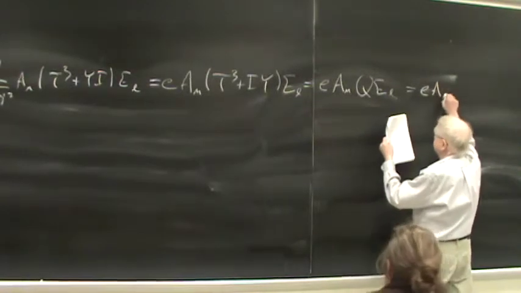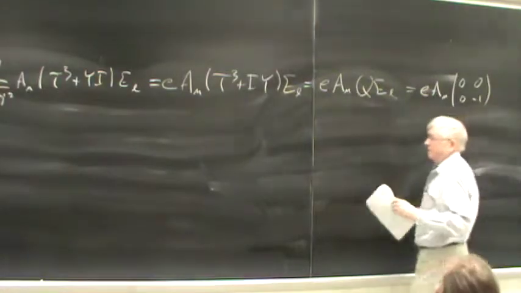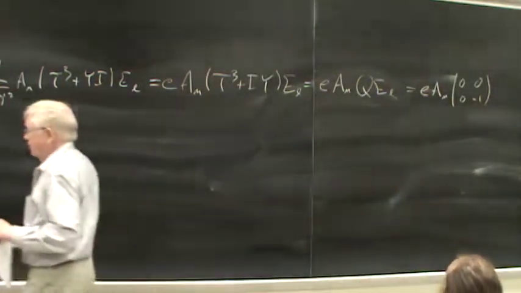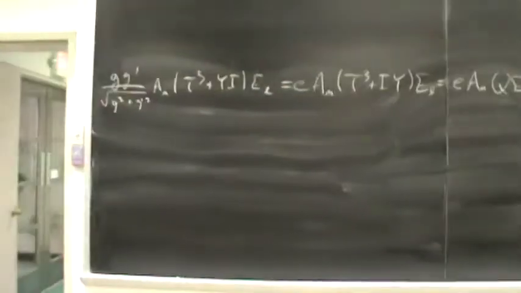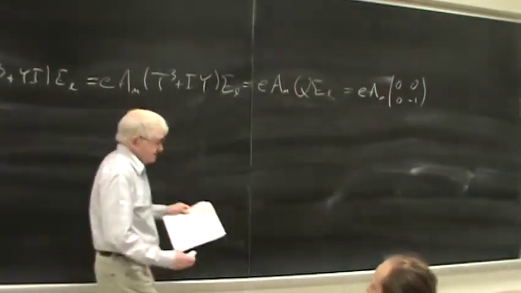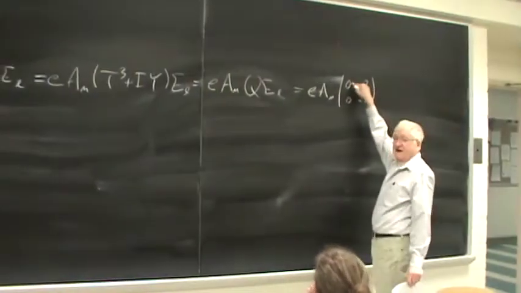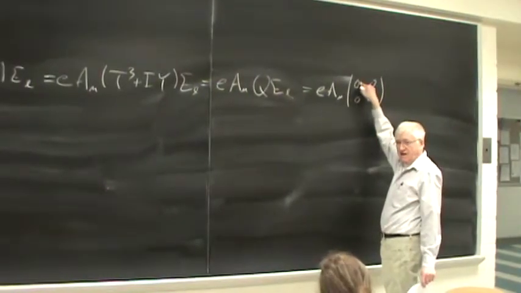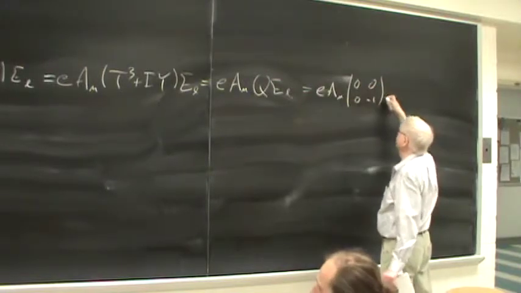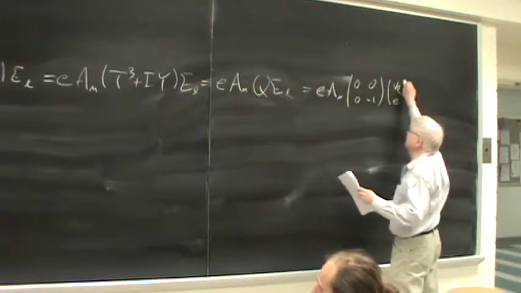It's e A_mu times the matrix 0, 0, 0, minus 1, because what we've got is Y is -1/2, and then we have T3, and T3 has a -1/2 here. Up here it has a +1/2, which is canceled by the Y. And the thing is diagonal. And this thing is nu_e.